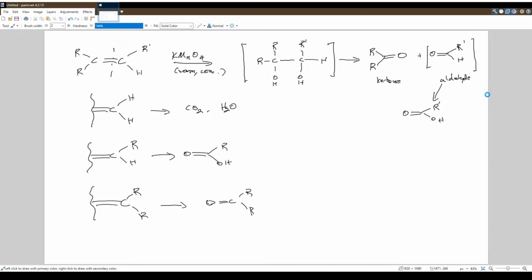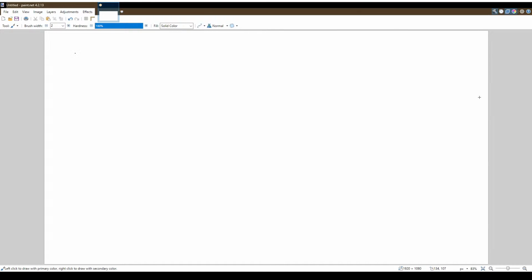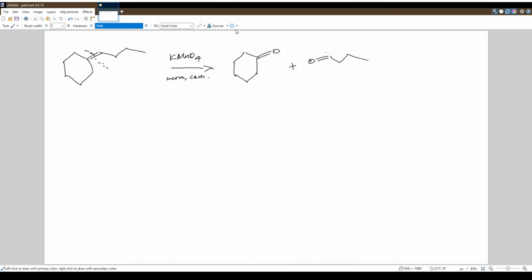They have some examples. Hopefully this will be elucidating. We have this thing. Okay. So if we treat it with warm and concentrated potassium permanganate, let's see, we're gonna slice it here, and that's gonna end up giving us this, and then also this.